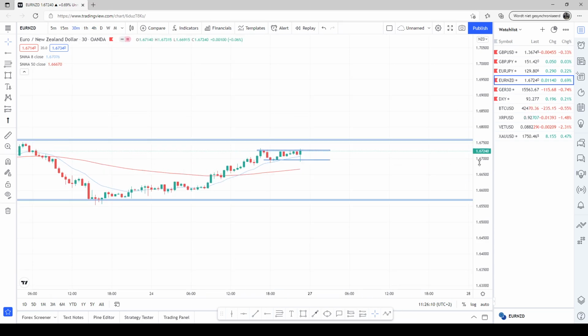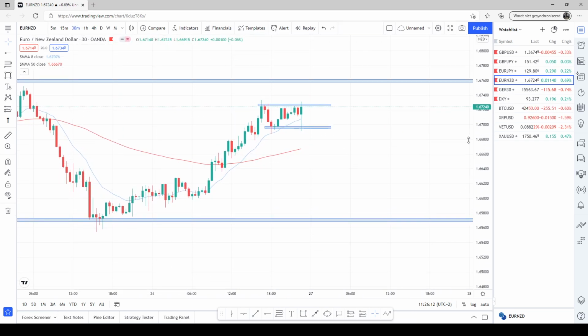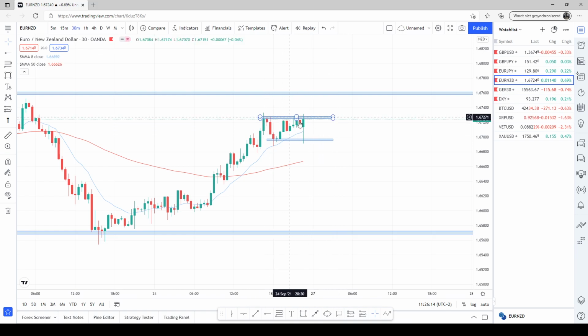Now on the 30-minute time frame, this is my important zone. So again, like all the other pairs, break to the upside with the candle closure. I'm gonna look for a retest and break of that high, and then I'm gonna enter.